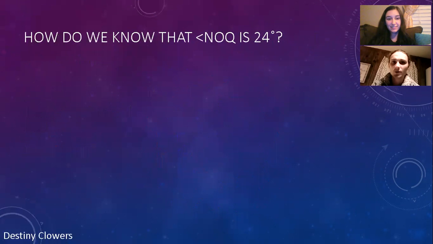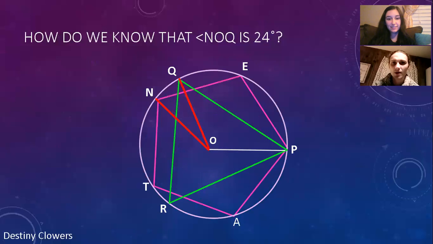So how do we know that angle NOQ is 24 degrees? So this is kind of an addition to your last problem because we have to look at the central angles for the pentagon and the triangle in order to find out that NOQ actually is 24 degrees.